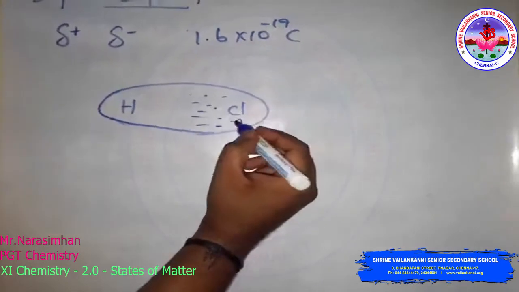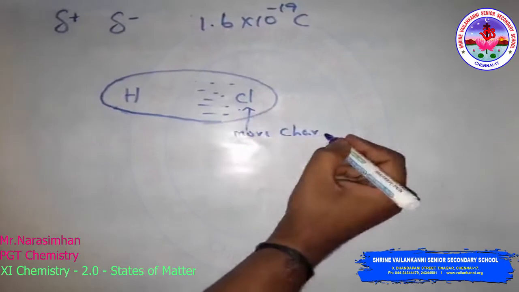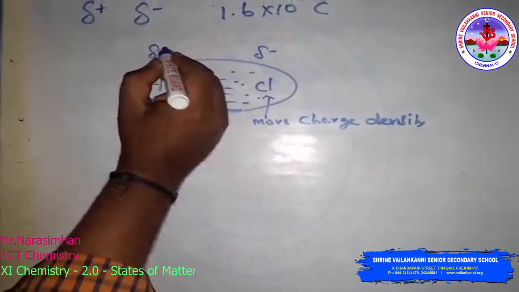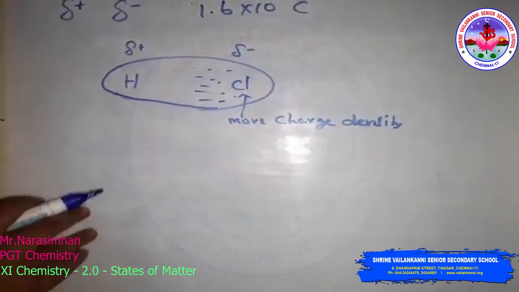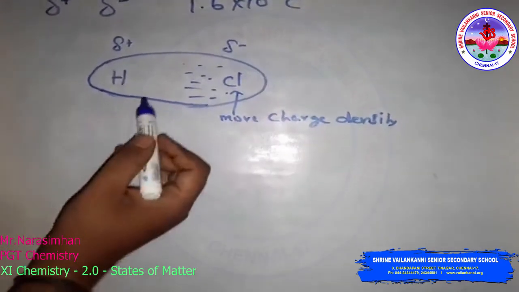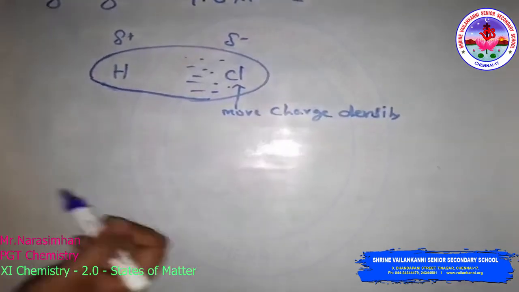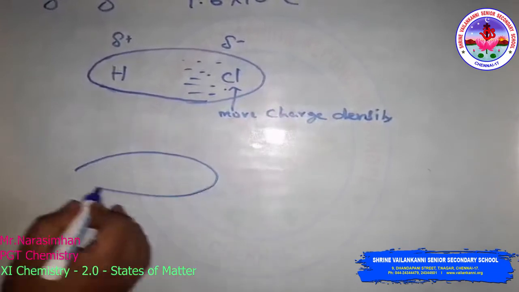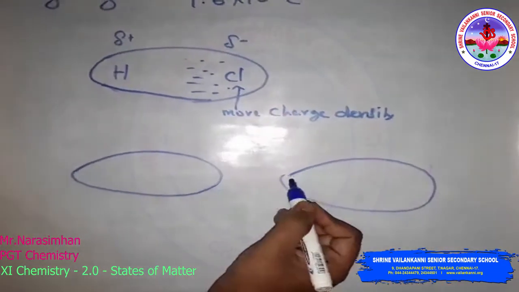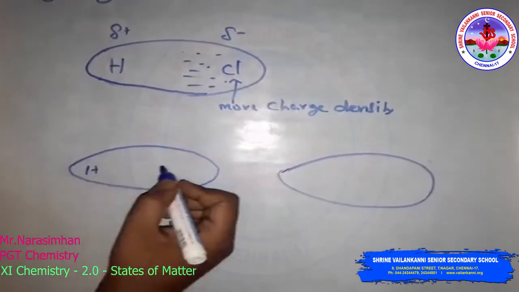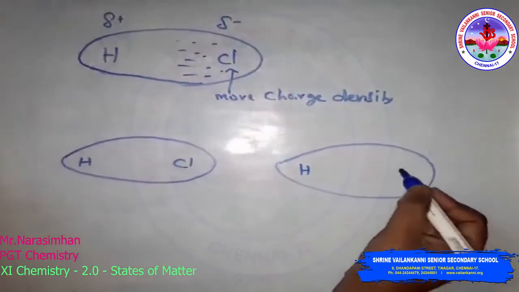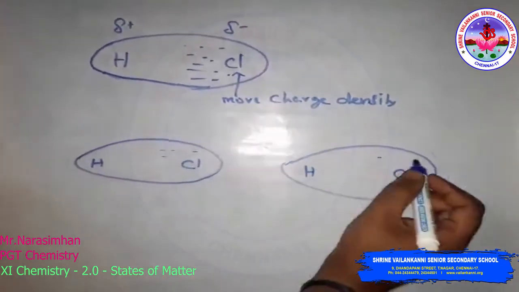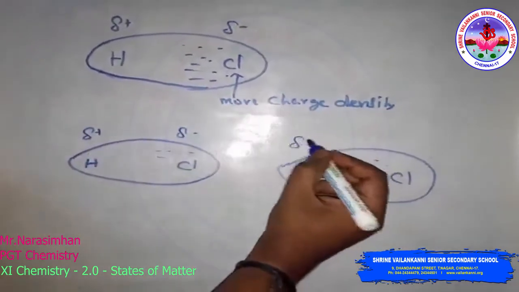So chlorine will be partially negative, delta minus, and hydrogen will be delta plus. Here is the electron cloud distribution of the dipole of hydrogen chloride, and the dipole interaction between two HCl molecules, H and Cl, H and Cl. This is the dipole interaction between the two molecules, with delta positive and delta negative of one attracting the delta negative and delta positive of the other.